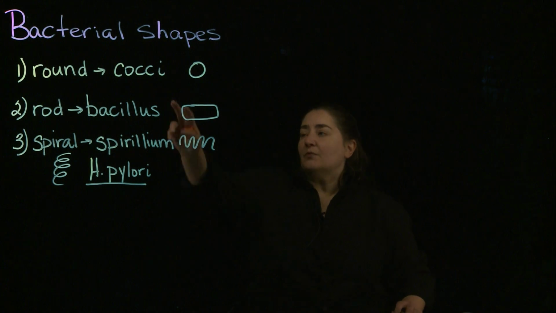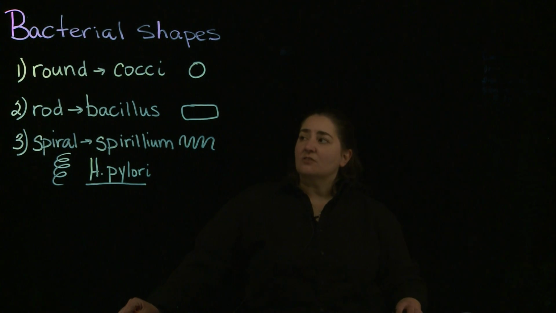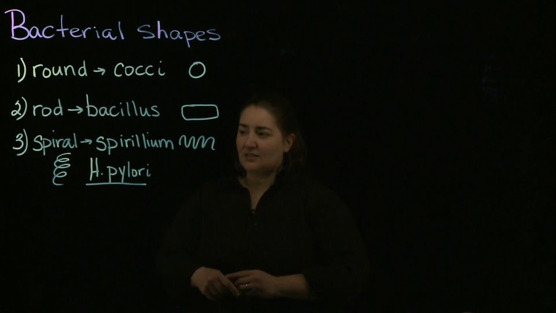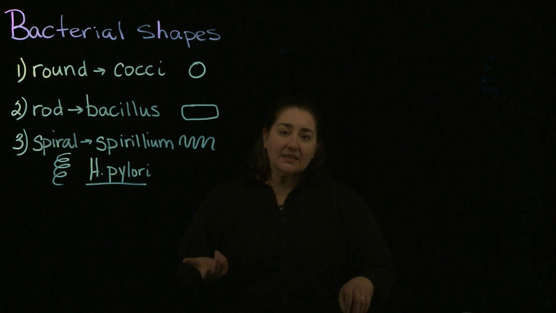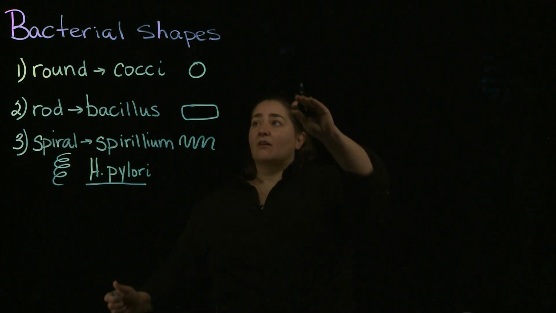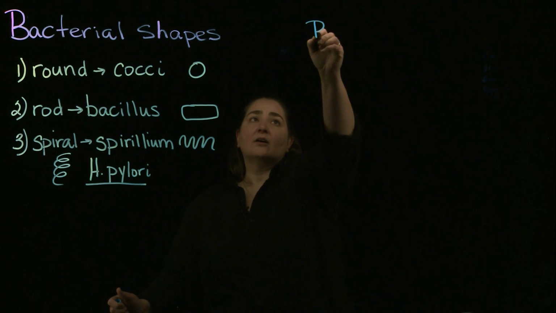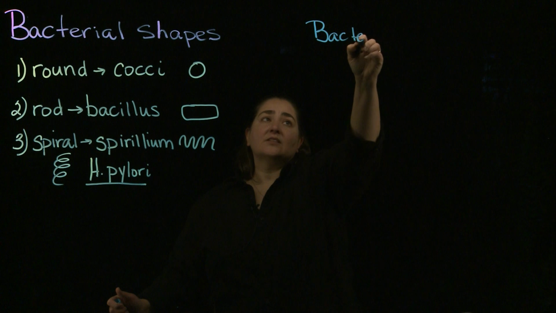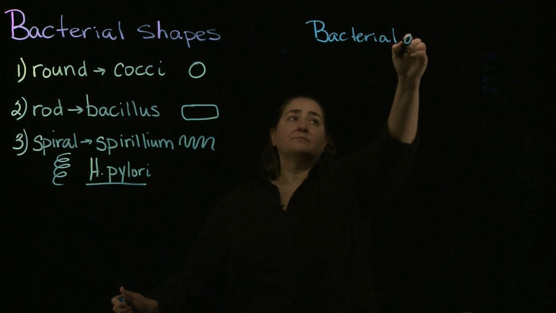But in terms of our bacterial shapes, these are the overall shapes that we have associated with bacteria. The next thing that we can classify bacteria by is bacterial arrangements.